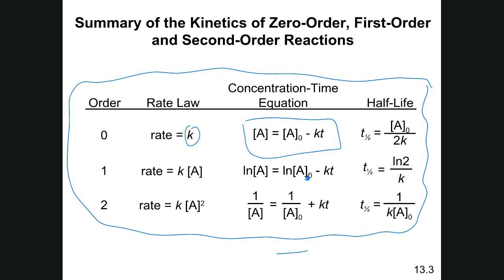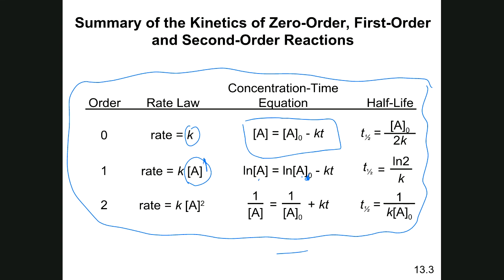If any of these variables is missing, the other three must be given to you in order to find the missing one. So for first order, rate is K times concentration of A to the power of 1. So the exponent here is 1.